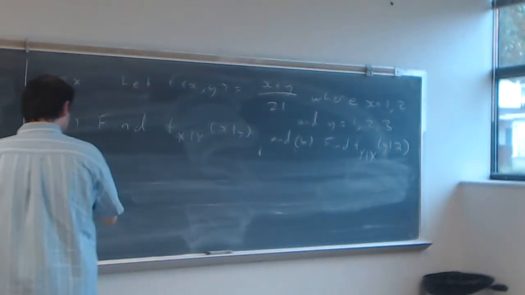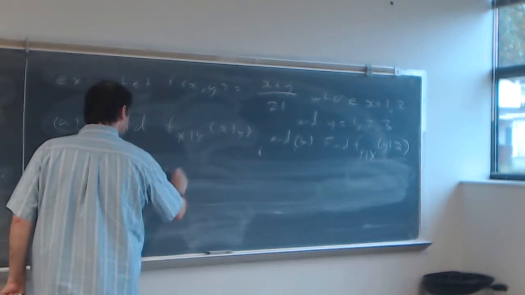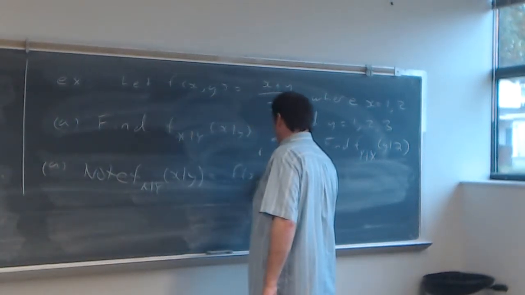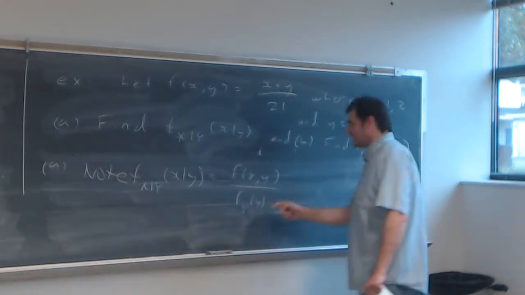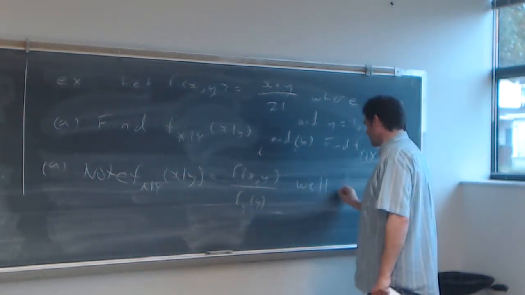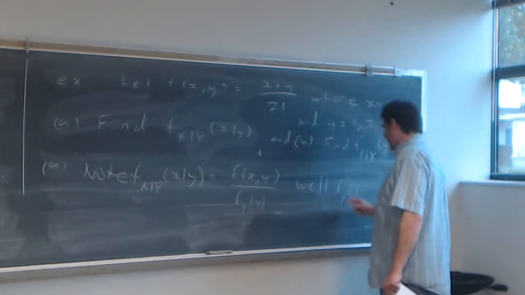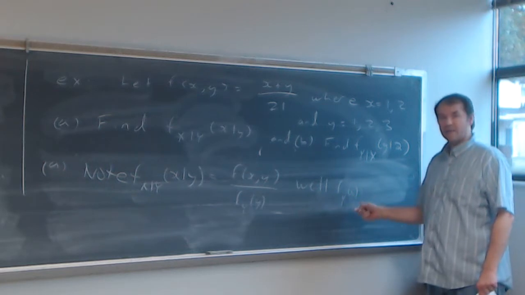For part A, note f of x given y equals f of x comma y over f sub Y of y. So we need to know what f sub Y of y is. How do you find the probability mass function of Y given the joint?